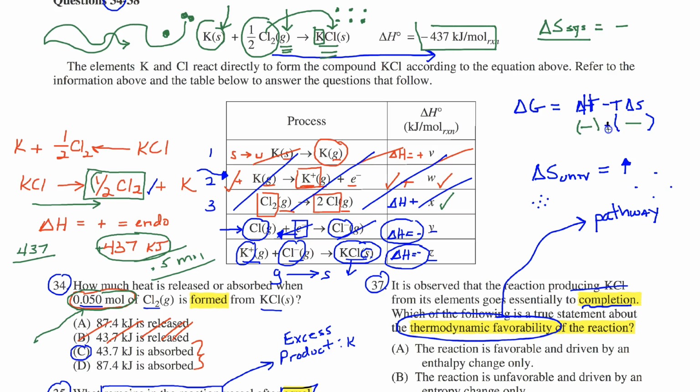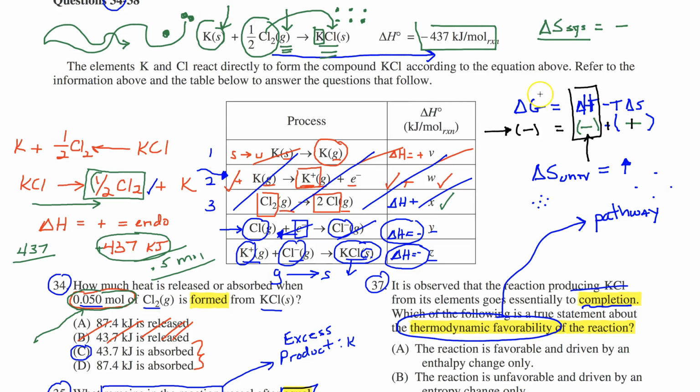becomes plus. Now for delta G to be negative, which means that there's going to be a spontaneous forward direction in that pathway, what do we have to have? We have to have a great enough negative for the enthalpy, delta H, to overcome this bad positive here.